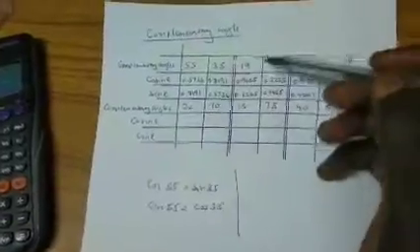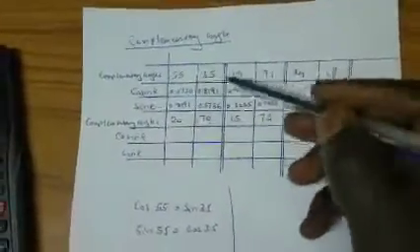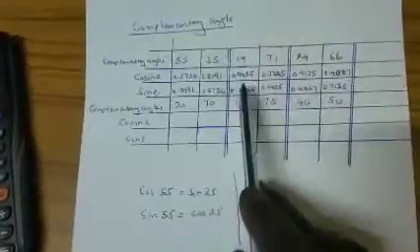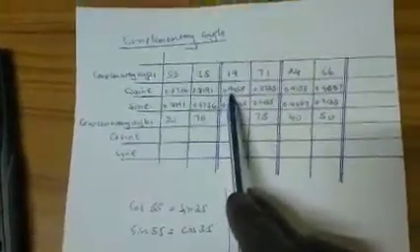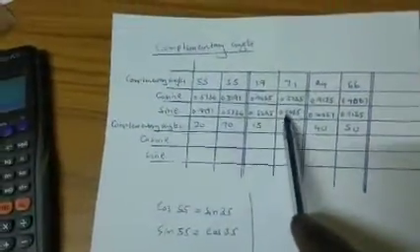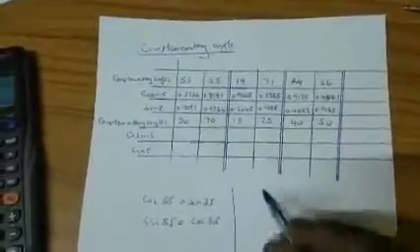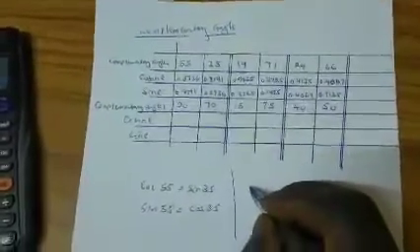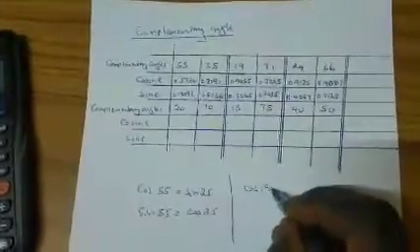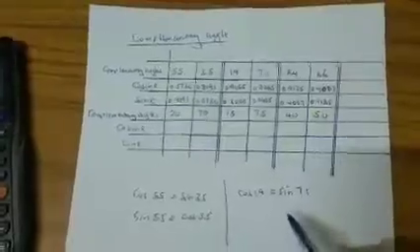When you come to the second set of angles, we have 19 and 71. The cos of 19 is 0.9455 and the sine of 71 is 0.9455. So here we also realize that cos 19 is equal to sine of 71.